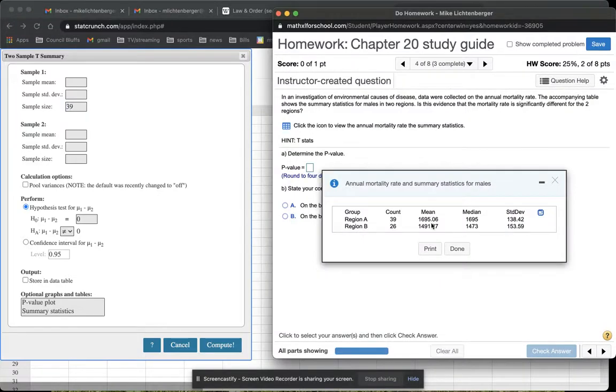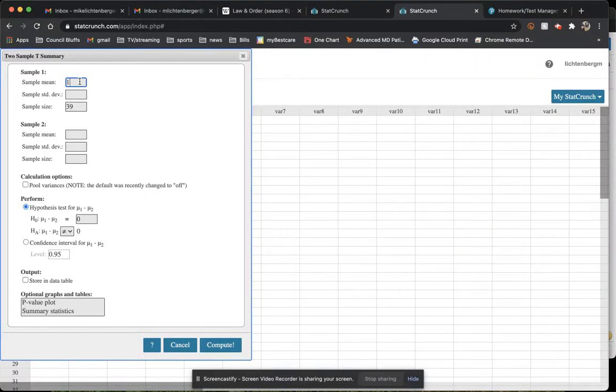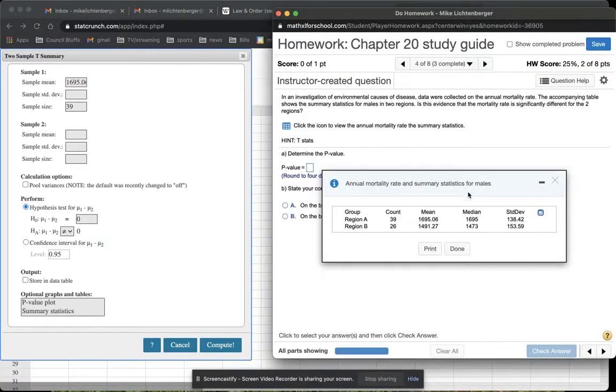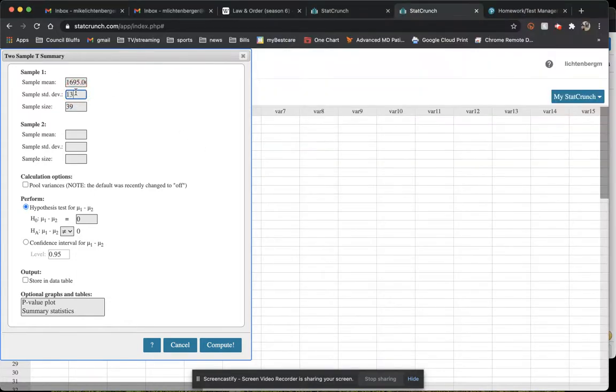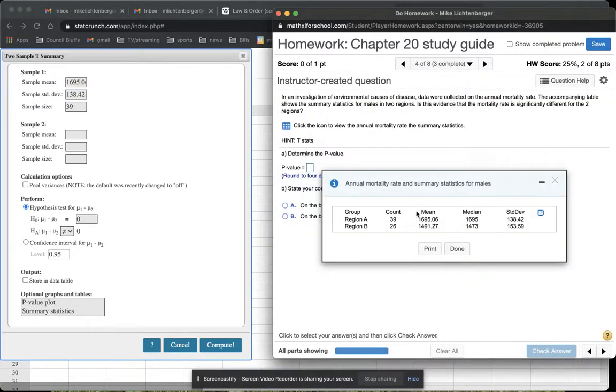Okay. My mean is 1695.06. And then my standard deviation is 138.42. Okay.